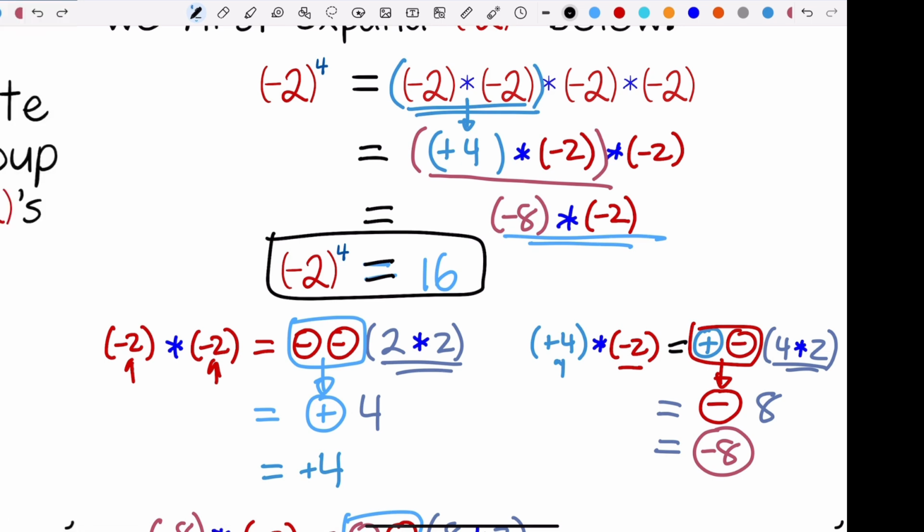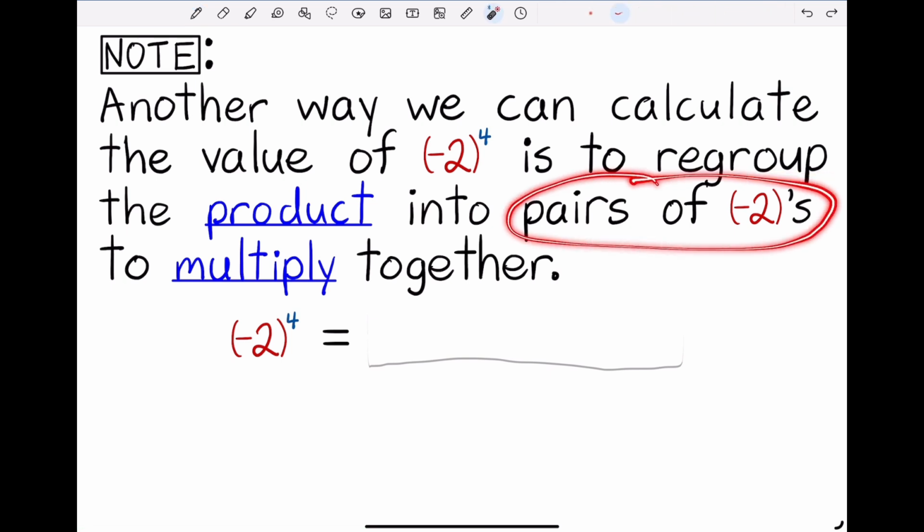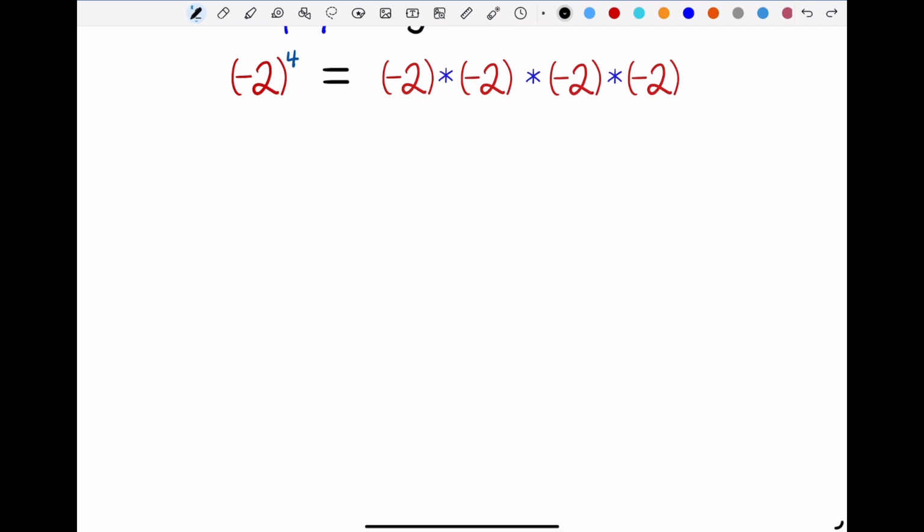And we are done. Another way we can calculate the value of negative 2 to the 4 is we can regroup the product into pairs of negative 2's to multiply together. So we already know that negative 2 to the 4th means we're multiplying 4 negative 2's together.